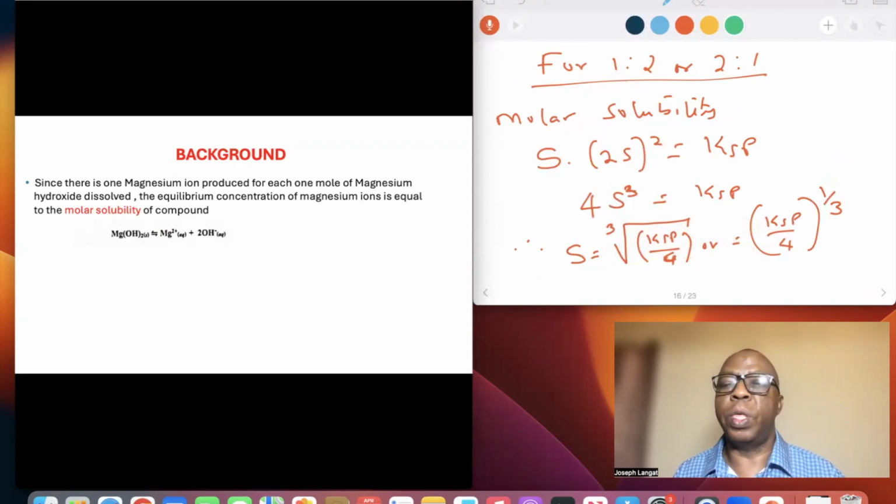So if we know the Ksp, you can determine the molar solubility from Ksp, or given the molar solubility, you can be asked to find the Ksp.